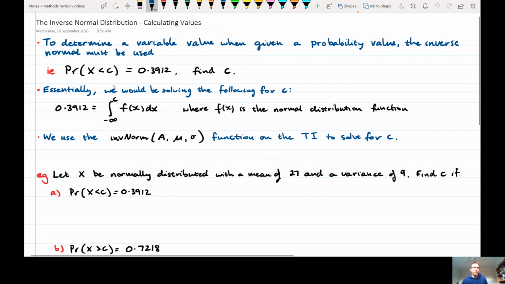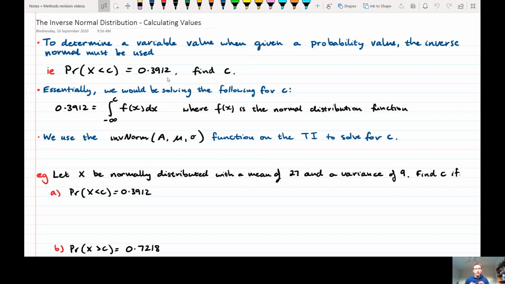So for example, I'm given the question, find the value of C when the probability of being less than C is 0.3912. Now, essentially what we have to do, remember, the normal distribution is a graph, area below is 1, because all probabilities add up to 1. So you're integrating.